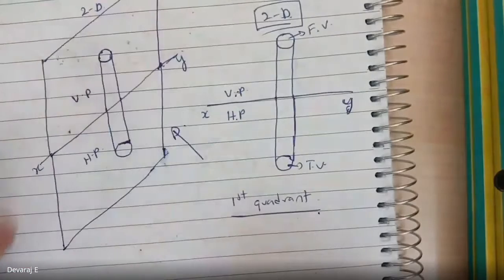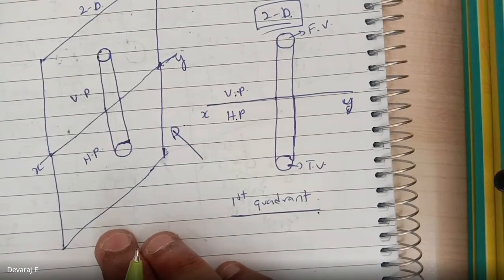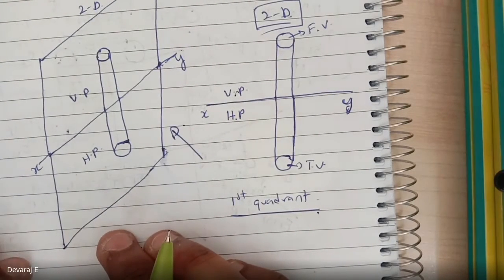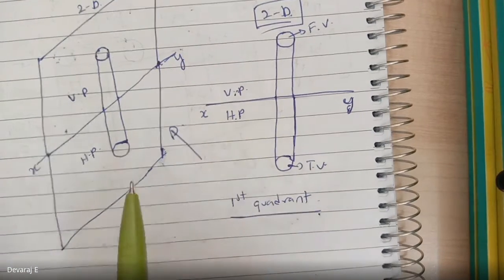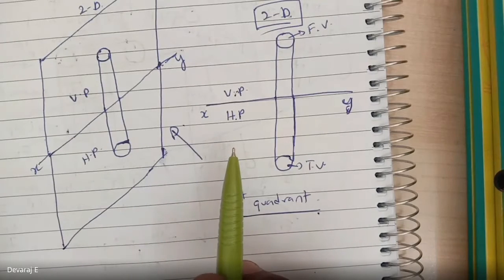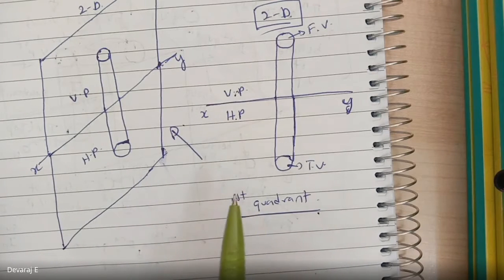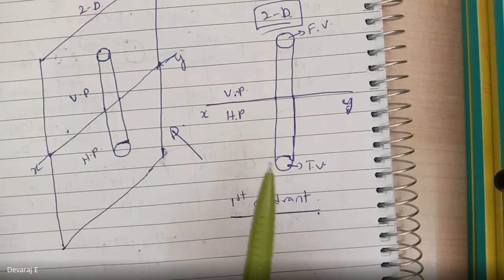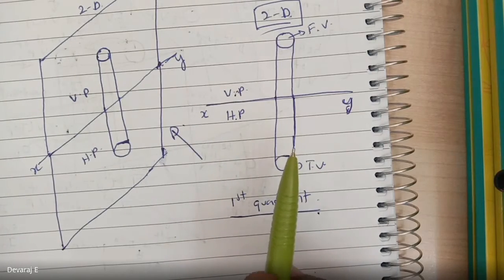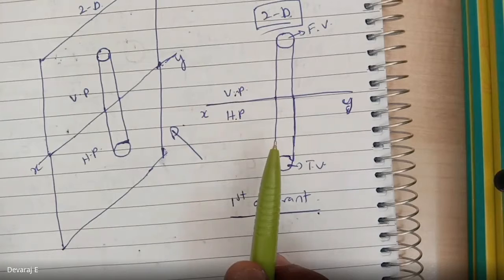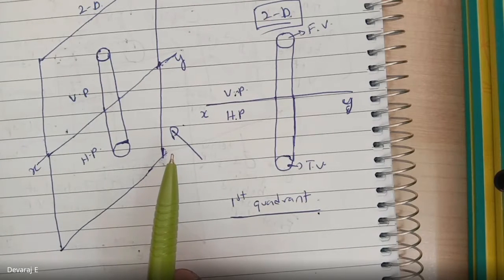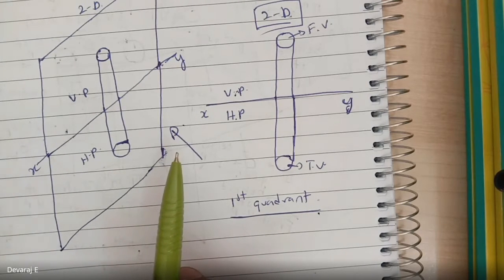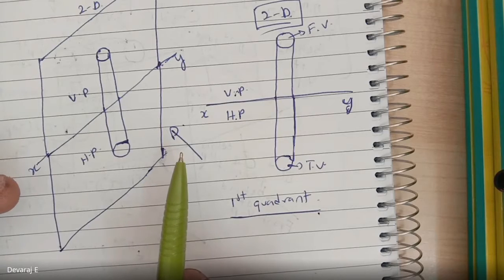Always, when I ask a problem, for example, a point is 30 mm in front of VP and 40 mm above HP, find the quadrant and represent it in the form of a 2D view, then you should analyze which quadrant this is, and what 30 mm and 40 mm mean.